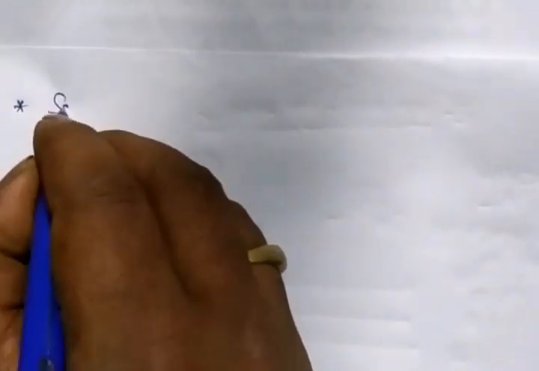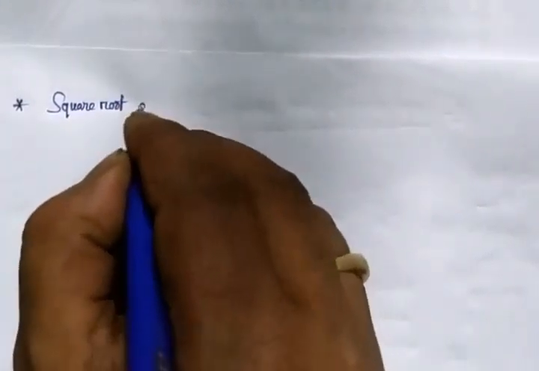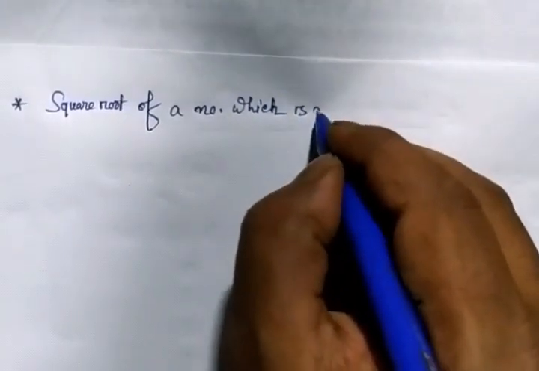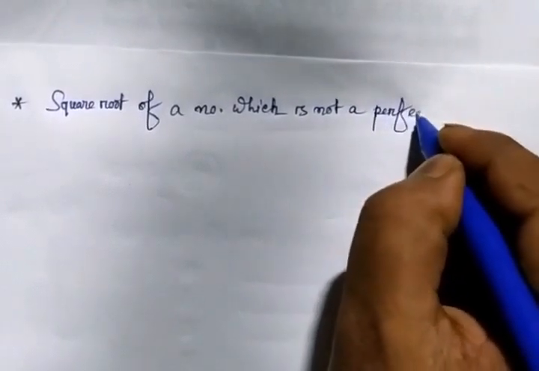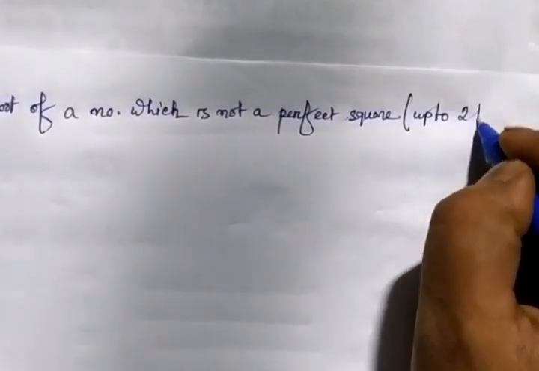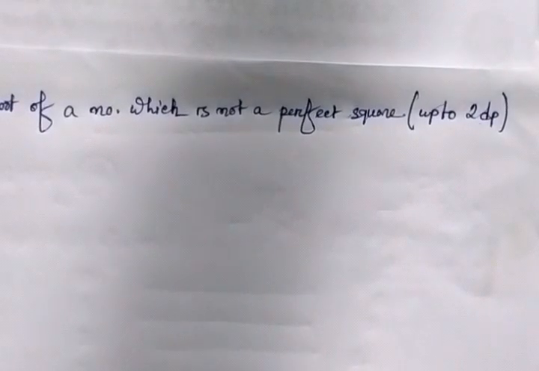Next thing is the square root of a number which is not a perfect square, correct up to 2 decimal places.